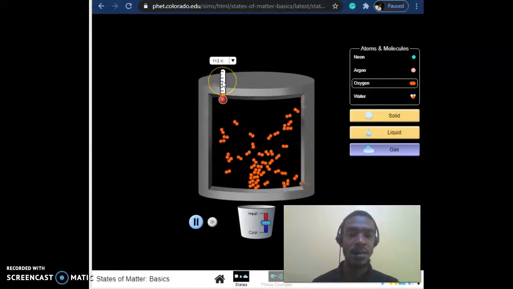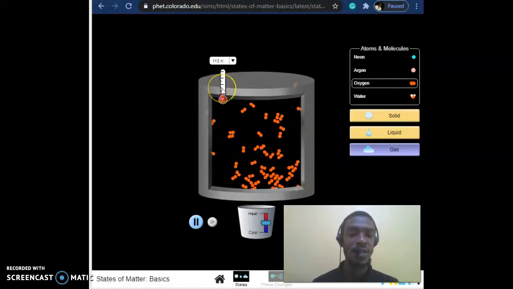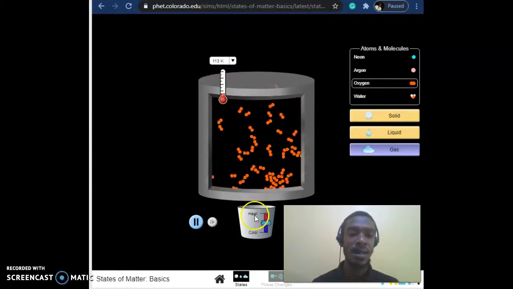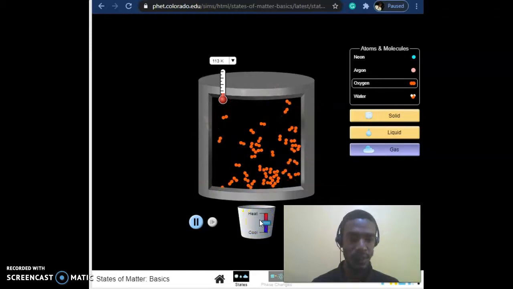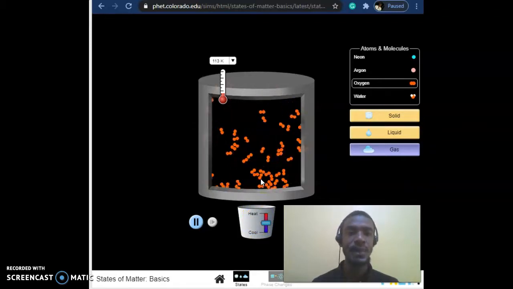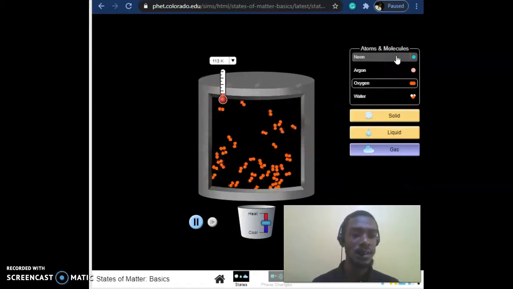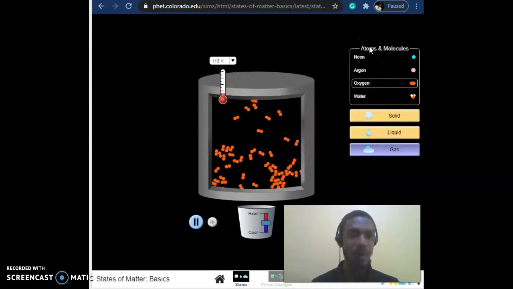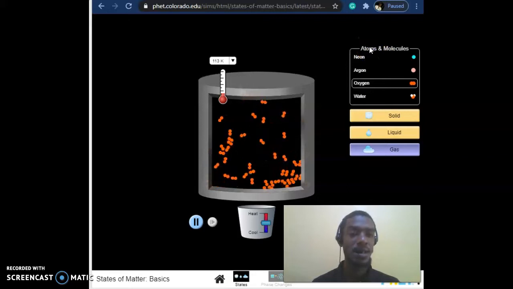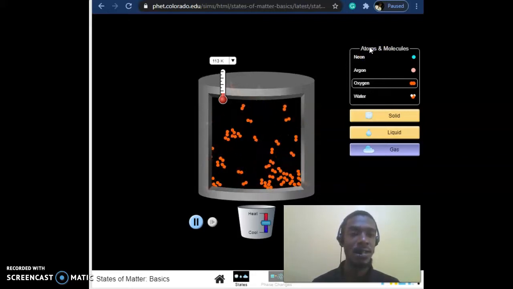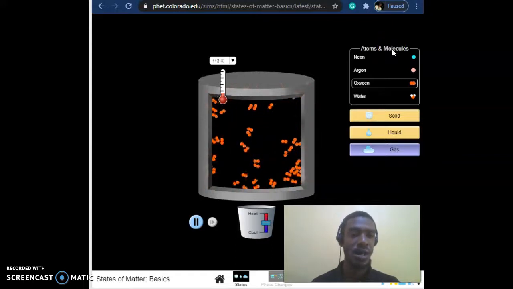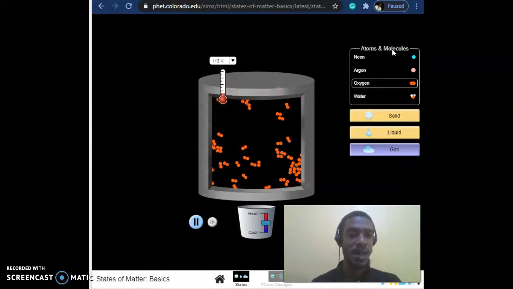This is our thermometer, which measures the temperature, of course, and it will show you the change in temperature as we apply heat to this chamber. This is our list of molecules and atoms. Atoms are the basic particles that we can have in any substance, and molecules are a combination of different atoms or sometimes the same atoms.